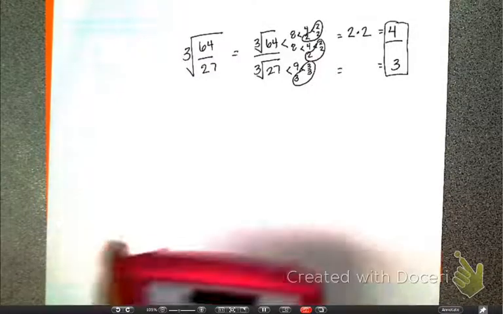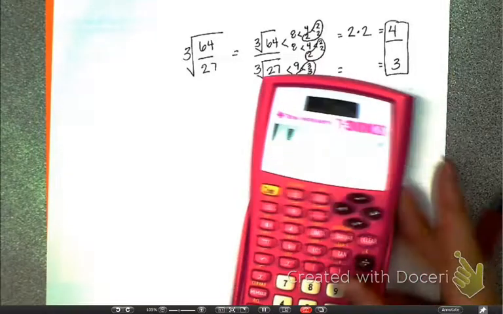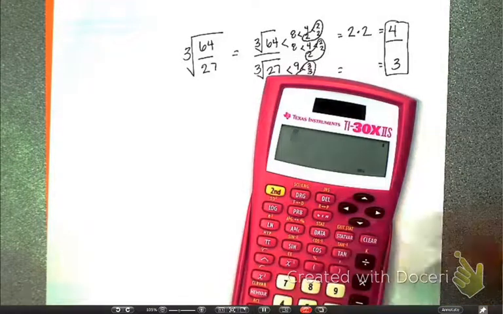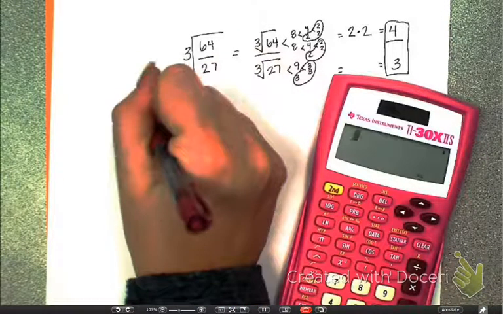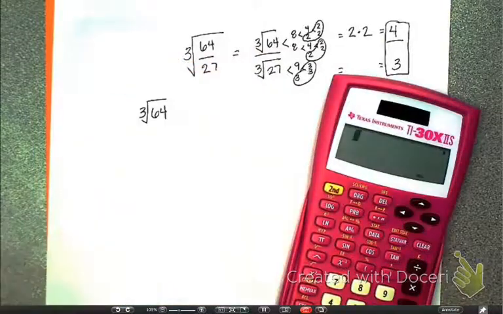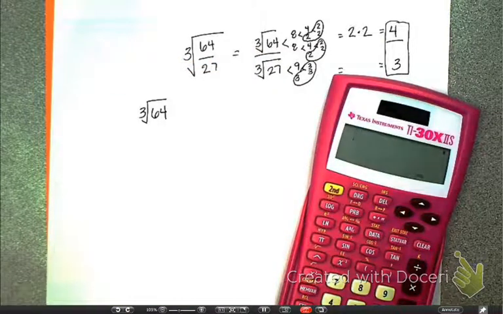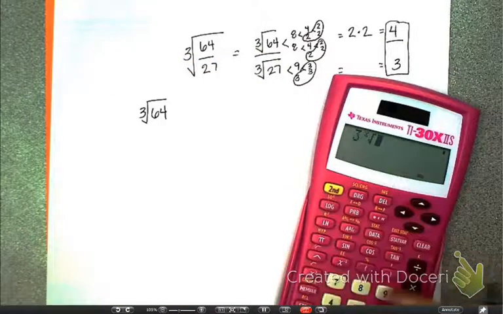Or we can use our calculator. But I show you this way because half the time people don't remember how to use the calculator. So if I'm trying to find the cube root of 64, I can't plug that. Hold on, maybe I can.